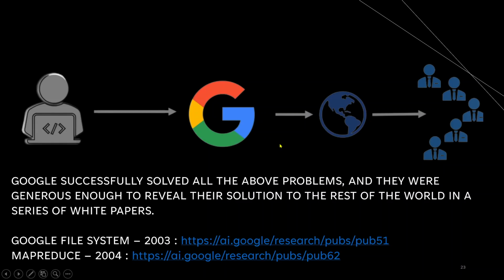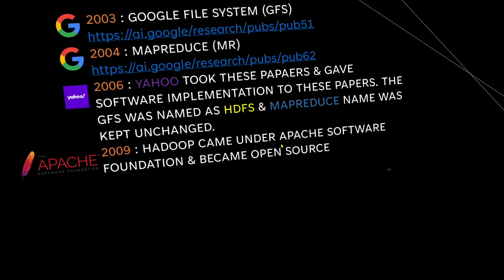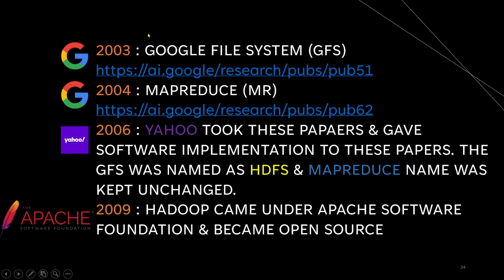Great, fantastic, beautiful to understand. But here comes the actual architecture. In 2003 they gave Google File System, this research paper, and in 2004 they gave MapReduce. Yahoo took these papers (sorry for the typo here, it's actually papers) and gave a software implementation to them. They said, hey, you know what, let's see what these people are up to, and they actually implemented it.